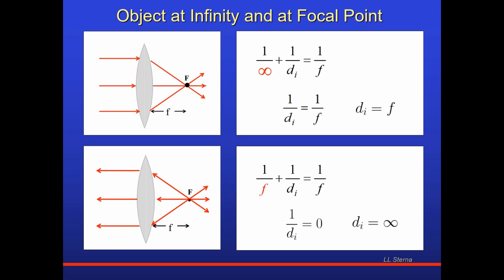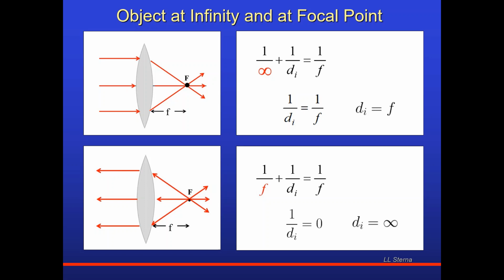What does it mean? Well, if the rays are leaving the lens and they're going to go all the way to infinity before they converge, when they leave that lens, they are going to be parallel. Think of it as a limiting case.